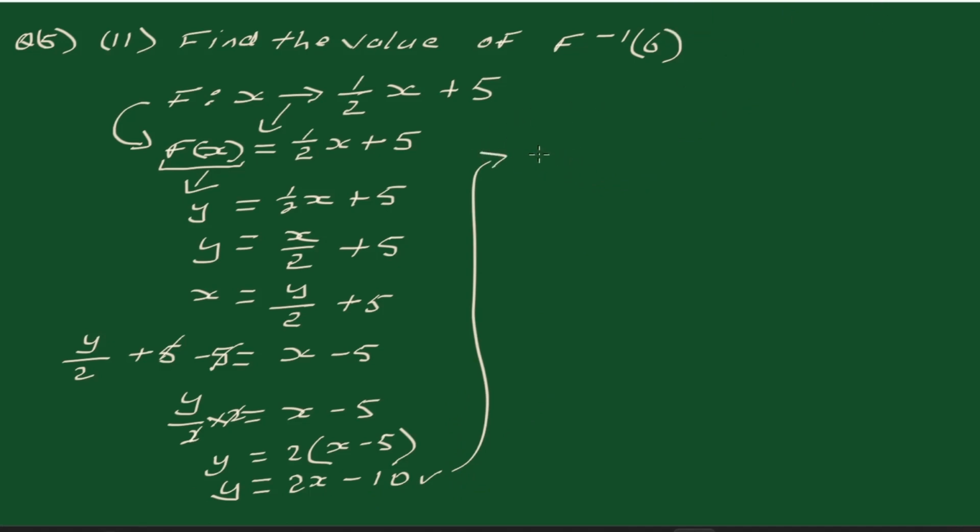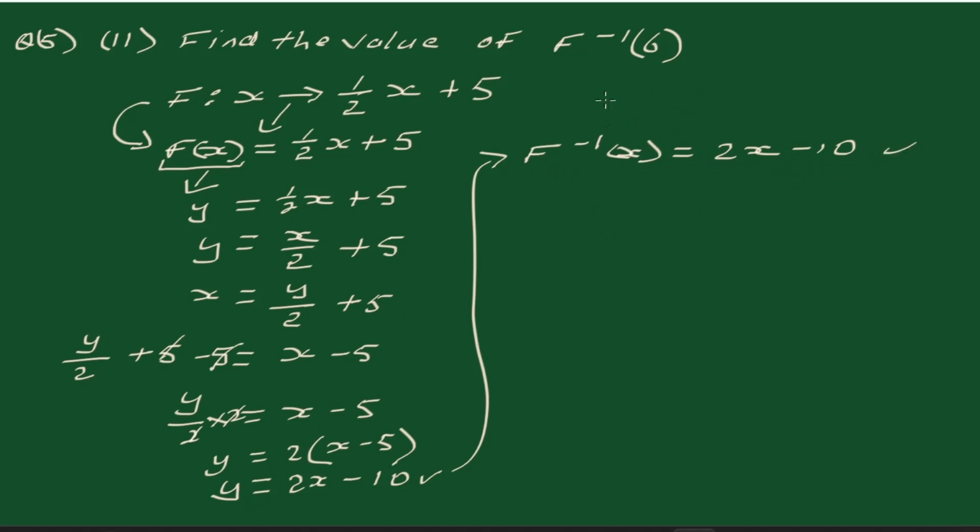So the inverse of x, inverse of function f, is equal to 2x minus 10. So we're going to replace the y with f inverse x equal to 2x minus 10. So this is the inverse function.